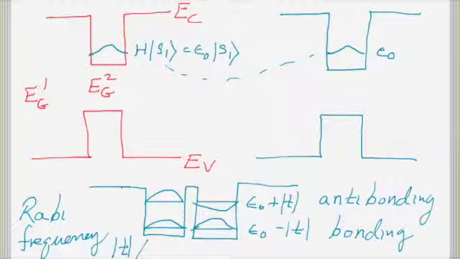The radian frequency omega would just be T over h bar. Right? T has units of energy. It's a matrix element of the Hamiltonian. H bar has units of energy times seconds. So the units of T over h bar is just 1 over seconds, which is our radian frequency.